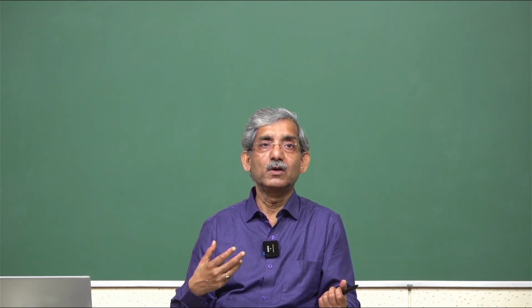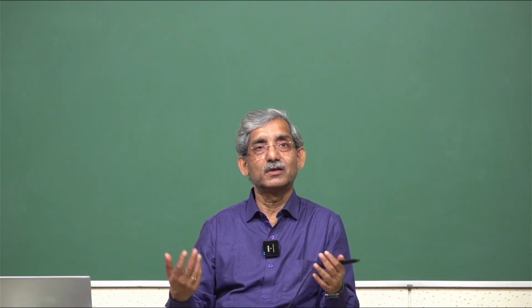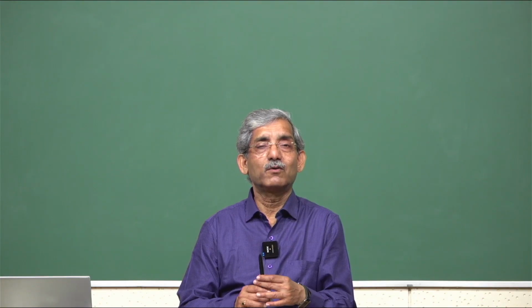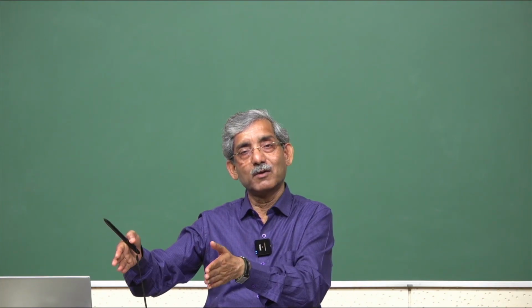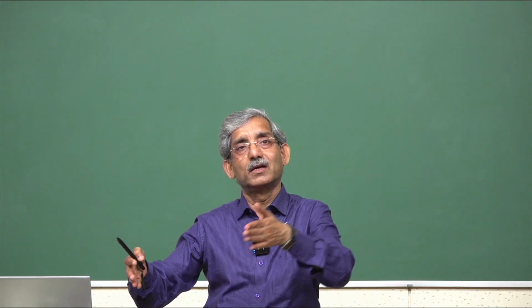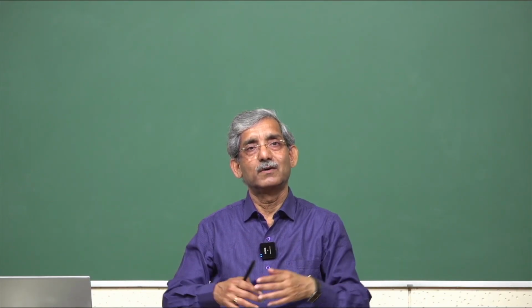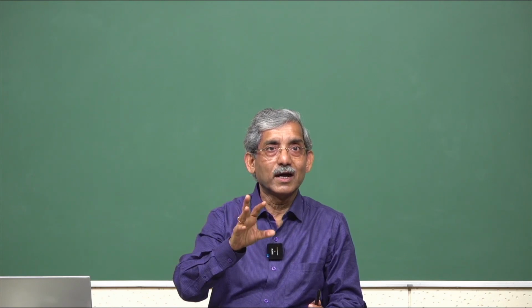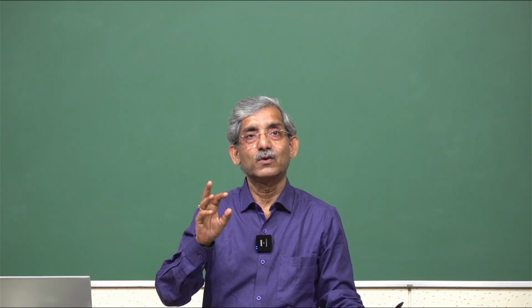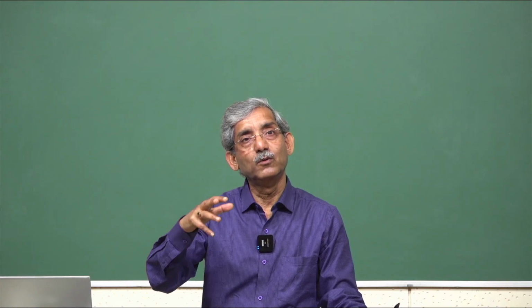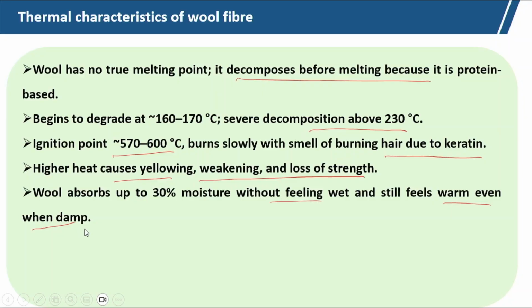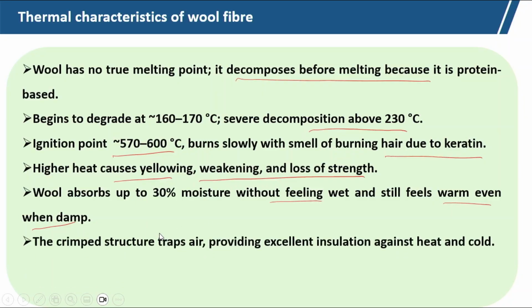That is why wool is a very good material for cold countries. When a person comes out from a dry environment inside the room to where the humidity is very high and snowing, instead of getting cooled, wool will start releasing heat. So, even in damp condition the person will feel warm, that is the unique characteristic.